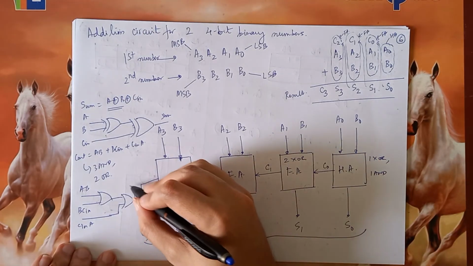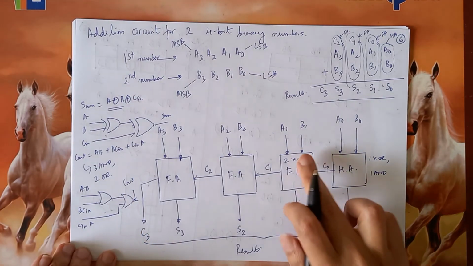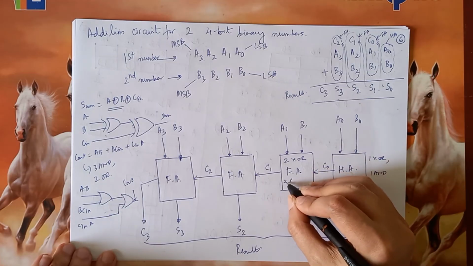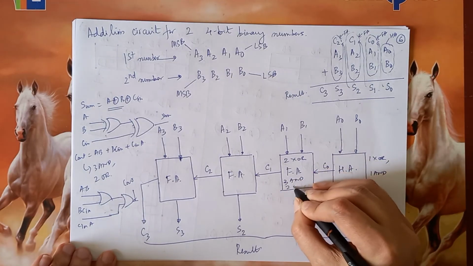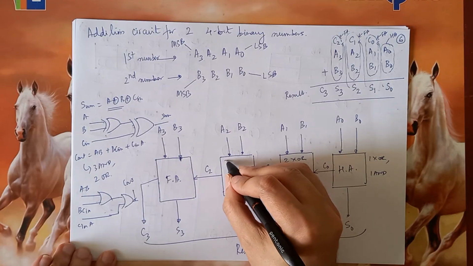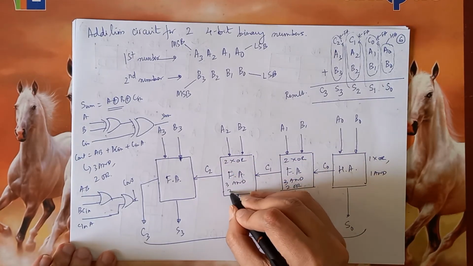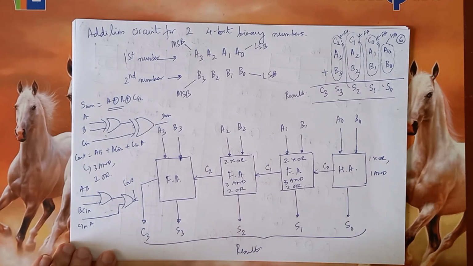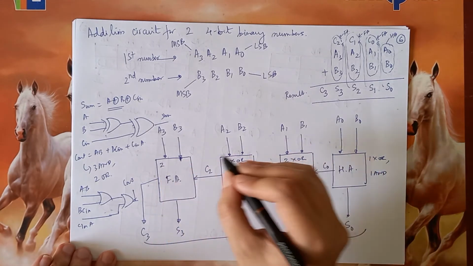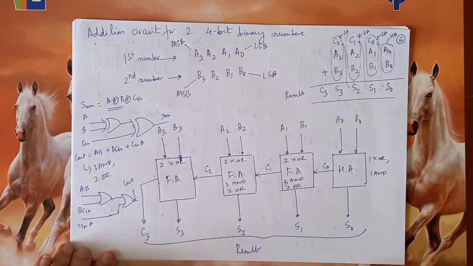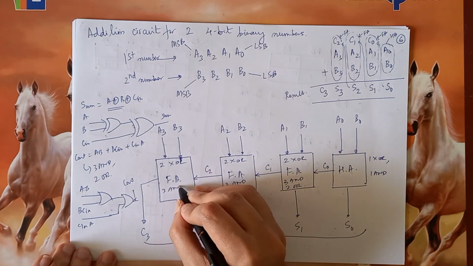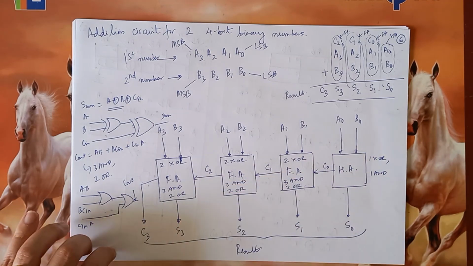And this is C out. So we need 2 XOR, 3 AND and 2 OR. Likewise here also we need 2 XOR, 3 AND and 2 OR. Same here, 2 XOR, 3 AND and 2 OR.